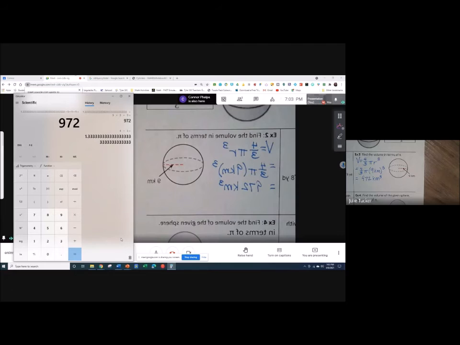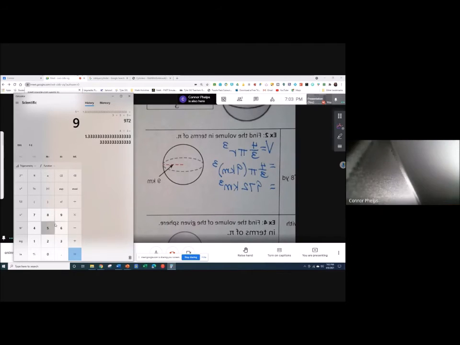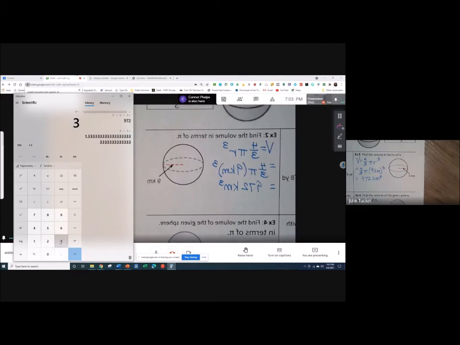Now there's another way I could do that. If I want to see the 9 being raised to the 3rd power, I'm going to start it over and clear. I'm going to start with 9 to the 3rd power. So I'm going to press 9, and then I'm going to see this button that says x to the y power here. I'm going to press this, and then I'm going to say 3.